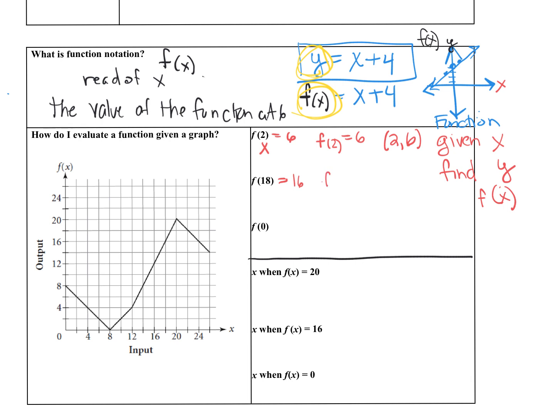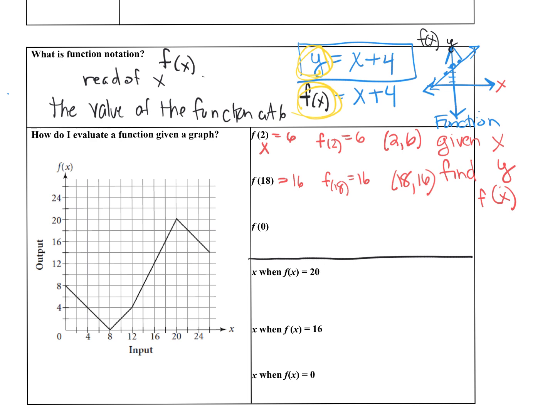Okay, so that would be written out like this if you write it all in your own writing. And our ordered pair would be x is 18 and y is 16. Okay, let's try one more of those.